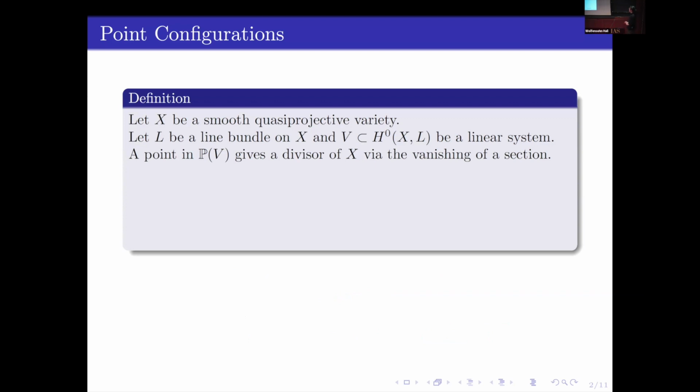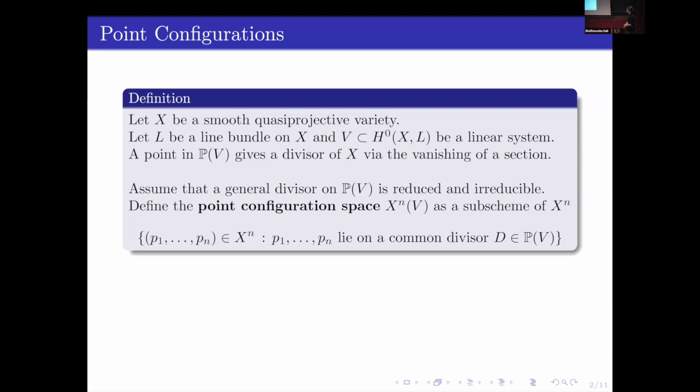Since scaling the section will not change the locus, we identify the family of vanishings of a section with the projectivization of V. We will make the assumption that a general divisor in this family is reduced and irreducible. We define the point configuration space X^n of V as a subscheme of the nth power of X, given by the condition that the n points lie on some common divisor in our family.